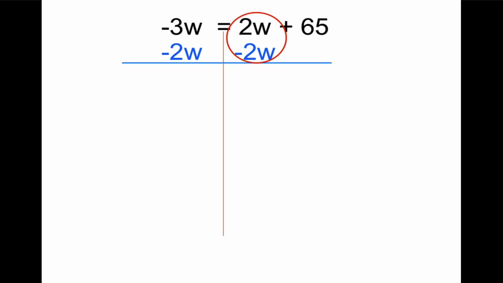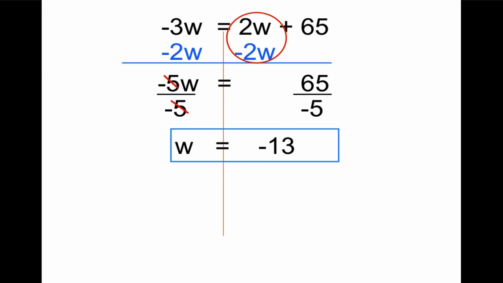That way we end up with a one-step equation that negative 5w equals 65. Otherwise, we would need to be subtracting the 65 on both sides. Really, you could do it either way, but this way is going to be simpler. So divide both sides by negative 5, and you get w equals negative 13. And that's about it.